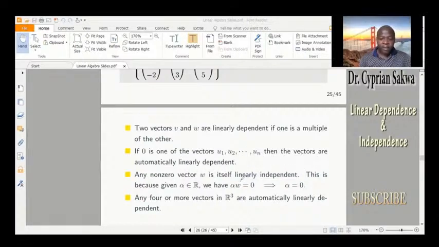Now, one vector will always be linearly independent to itself.